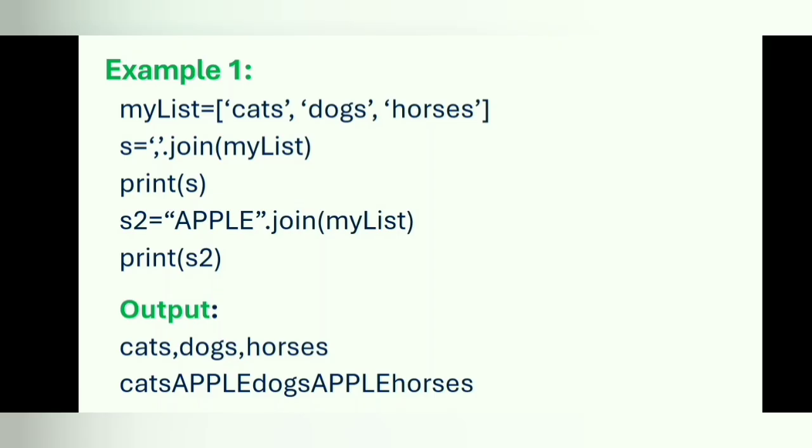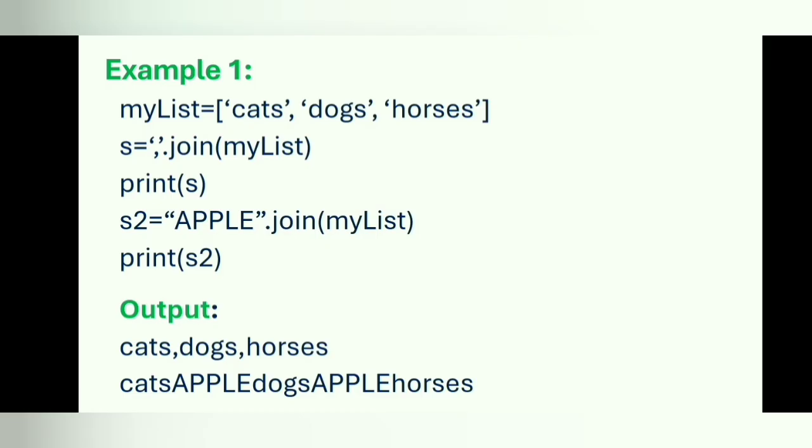In the following statement, we apply the string join method where the iterable is a list and the word apple is the string separator. The string join method returns a new string where all items in the list are joined into one string by using the word apple as a separator. The return value will be stored in the variable s2. Then print(s2) will print the new string.